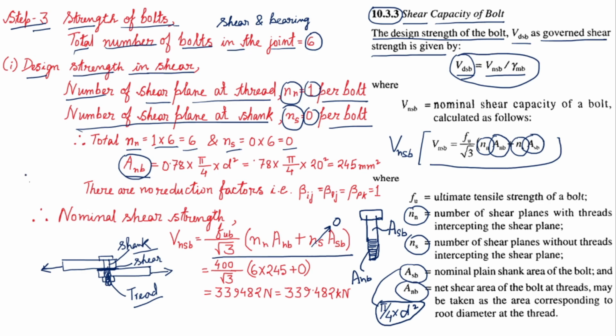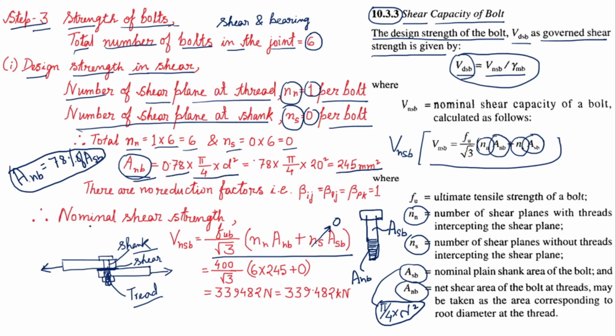So we can say that ANB, the area of the bolt at the threaded portion, is 70% of ASB. This is like a thumb rule: the area of the bolt at the threaded portion is about 75% of the cross sectional area of the bolt at the shank. So we have calculated ANB as 0.78 pi by 4 d square, which comes out as 245 mm square.